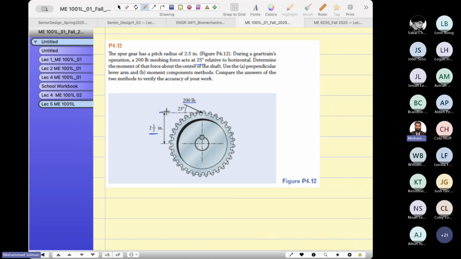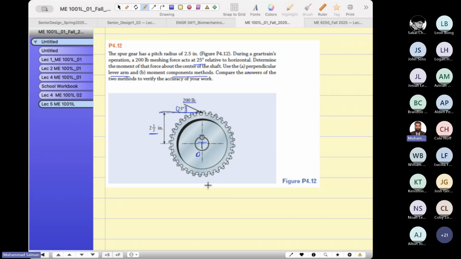This is the horizontal line. The angle is 25 degrees. Determine the moment of that force about the center of the shaft. This is the center of the shaft, point O. Using the perpendicular lever arm, using the components method.